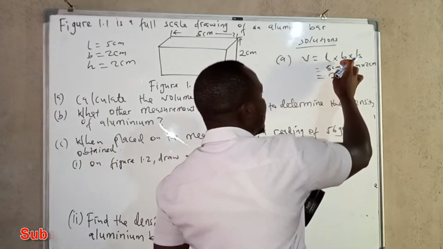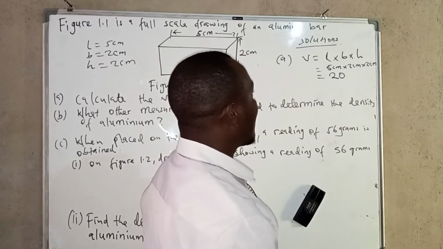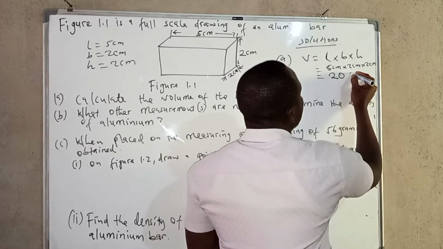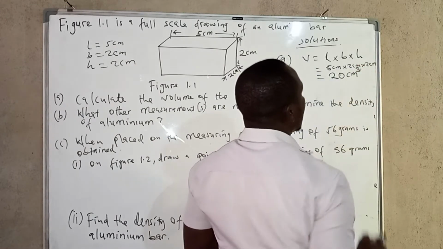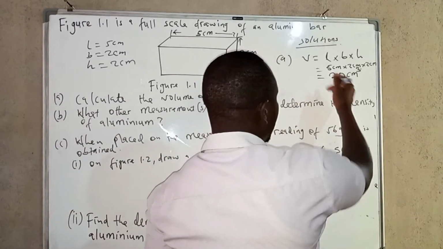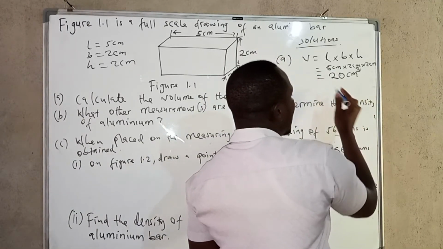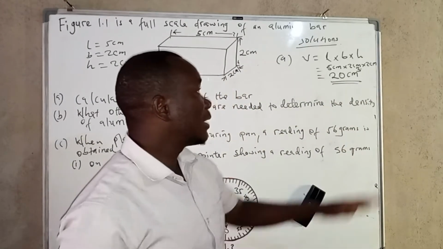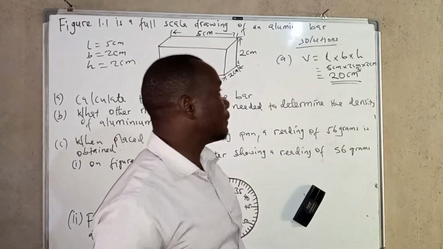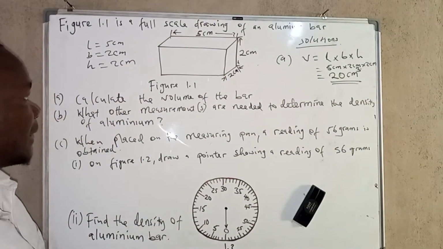Then we have centimeter times centimeter times centimeter, which is centimeter to the third power. So the volume is 20 cubic centimeters, the unit for volume. So this is how the first part should be answered.